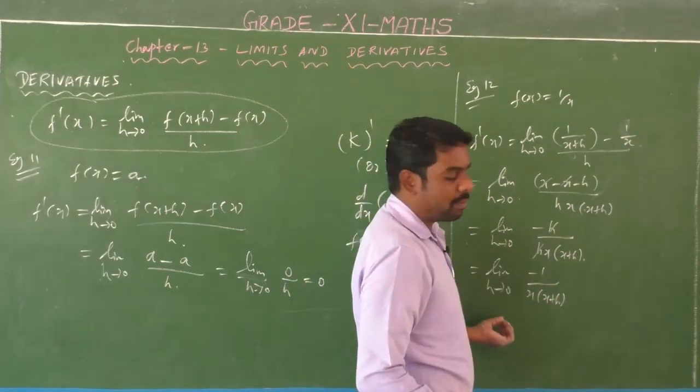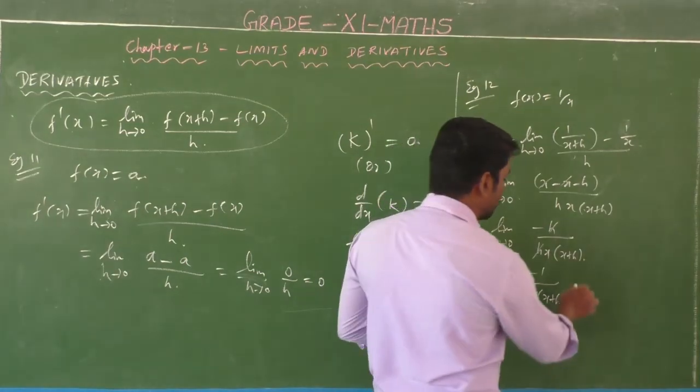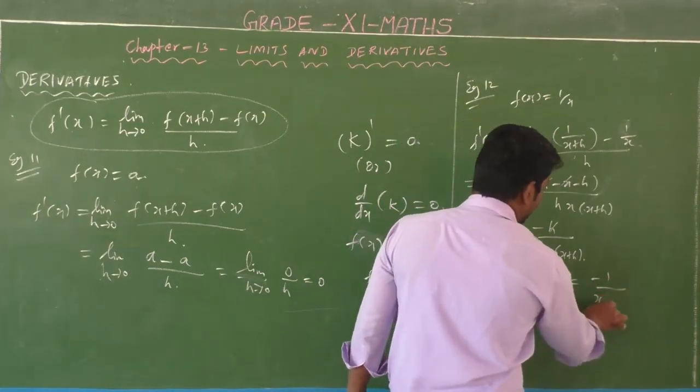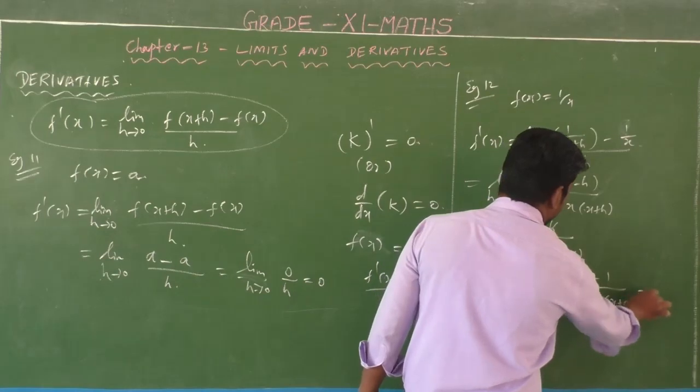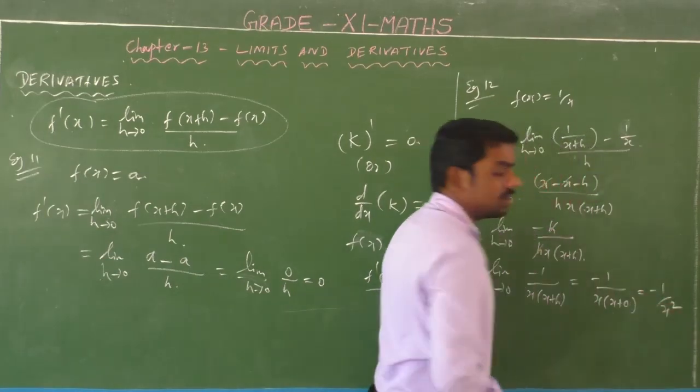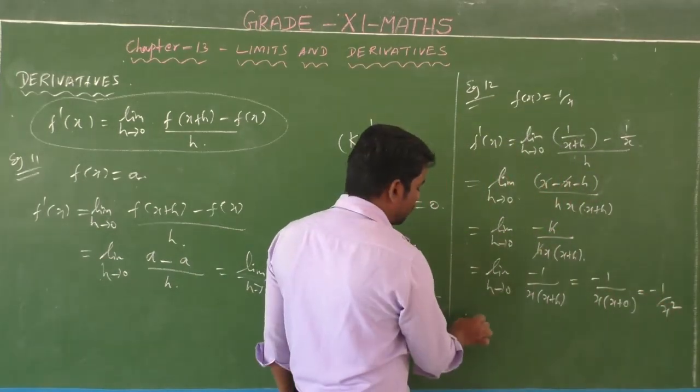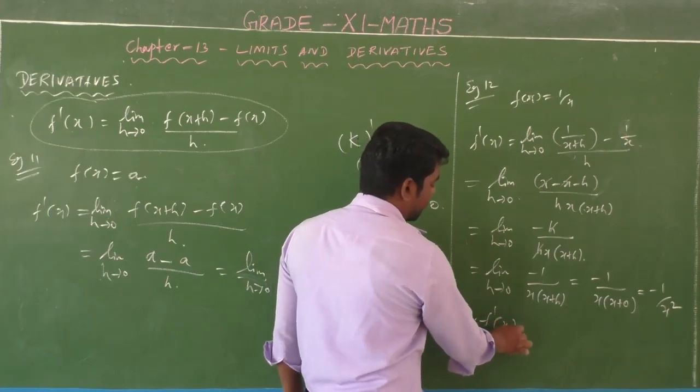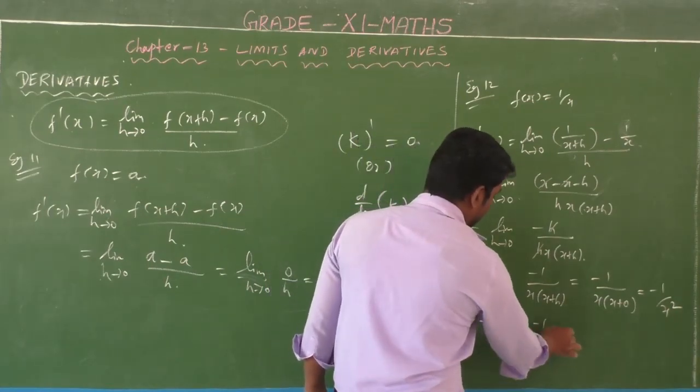So apply the limit h tends to 0, h equal to 0. So minus 1 divided by x of x plus 0 is equal to minus 1 by x square. So listen students, therefore f dash of x is equal to minus 1 by x square.